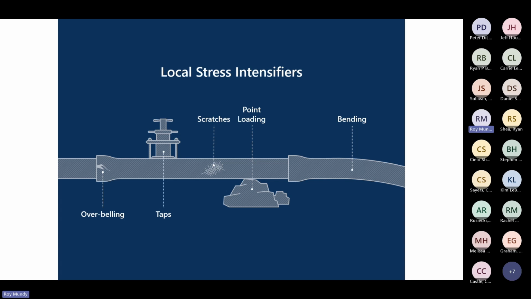Because of having ductility, ductile iron pipe will not fail in a point source loading, as you see.